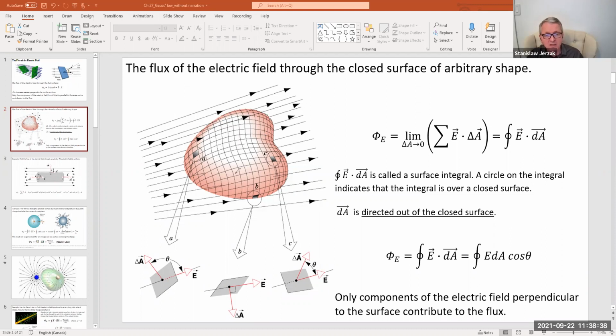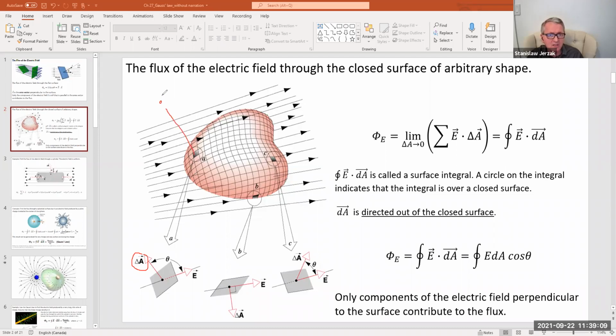So how would you then calculate the flux of the electric field through that closed surface? Well, the only solution would be to divide that closed surface into many tiny rectangular areas, and each of these tiny rectangular areas is designated here as delta A. So that would be like a differential area, dA.